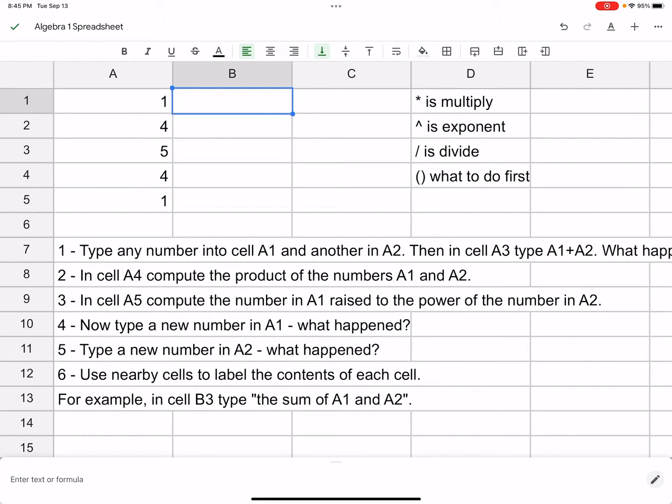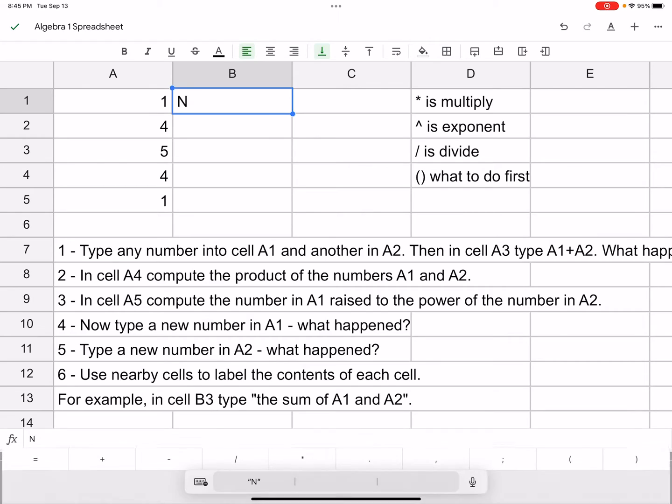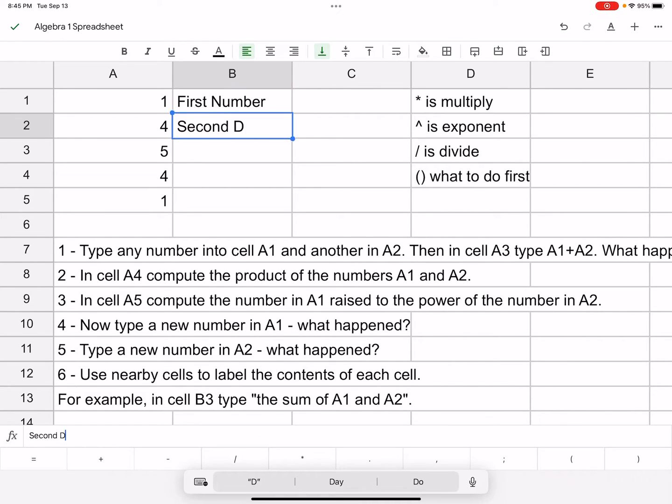Okay. It says use nearby cells to label the contents. And this is just a good practice, right? This is just my first number, so I don't have to label this one necessarily. My second number for this one. This is the sum of A1 and A2. This is the product of A1 and A2.